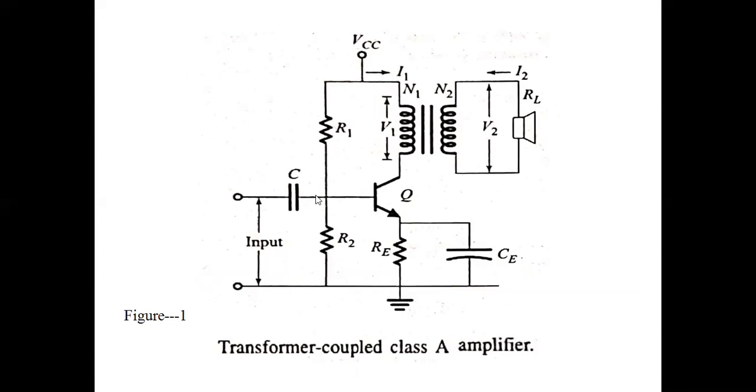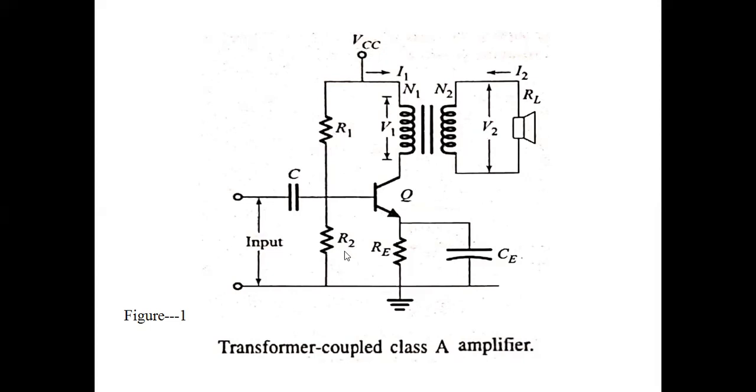Observing the figure of the transformer coupled class A power amplifier, it uses two resistors, R1 and R2, which are used to bias the transistor for class A operation.